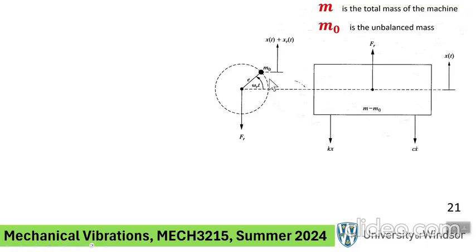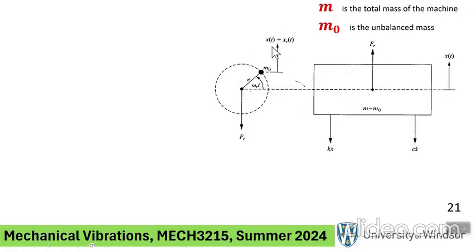Okay? And we said how to visualize this thing. This rotating component can be thought of as a lumped mass here, a distance e away, which is turning. Our x is pointing up. Therefore, the position of this rotating mass is simply x, because the whole box is going up, plus the fact that it's rotating, xr of t.